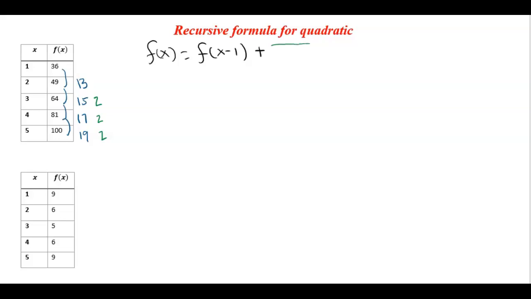So we need to put something in this box right here. Now, what do we put in that box? We have to find the explicit formula of the first difference.